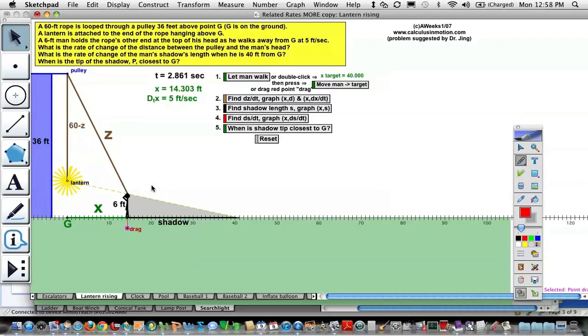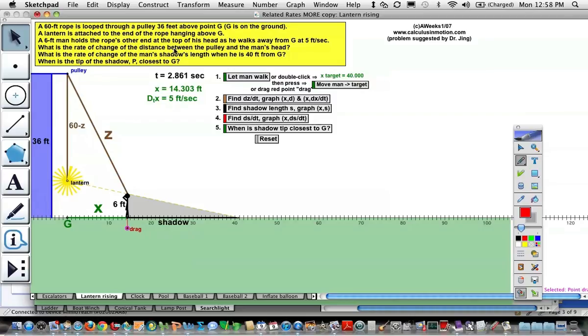Here's an example. A 60-foot rope is looped through a pulley 36 feet above point G on the ground. A lantern is attached to the end of the rope. A 6-foot man holds the rope's other end at the top of his head, I guess to make it easy so it's the 6 foot tall, and walks away from point G at 5 feet per second.